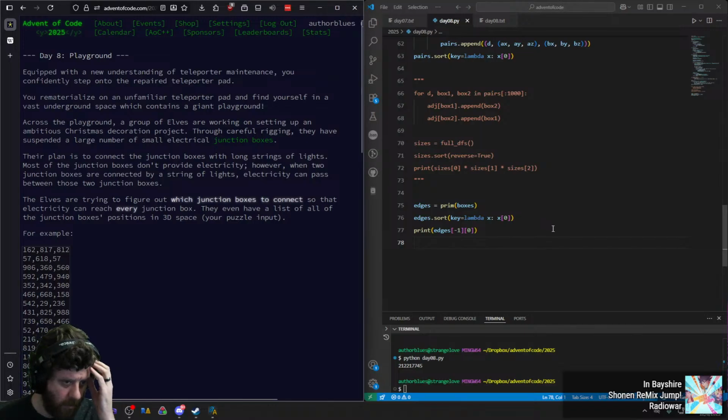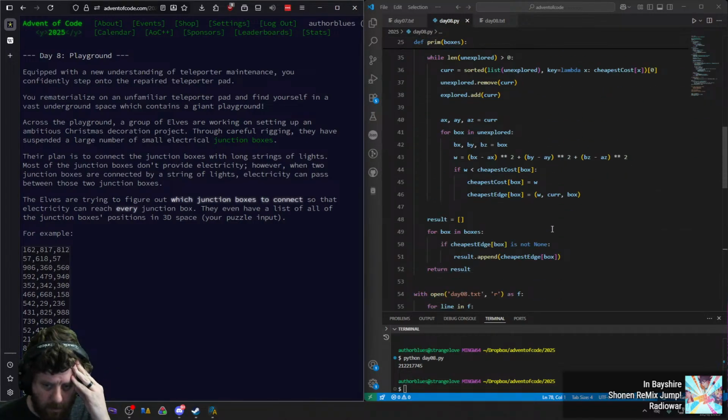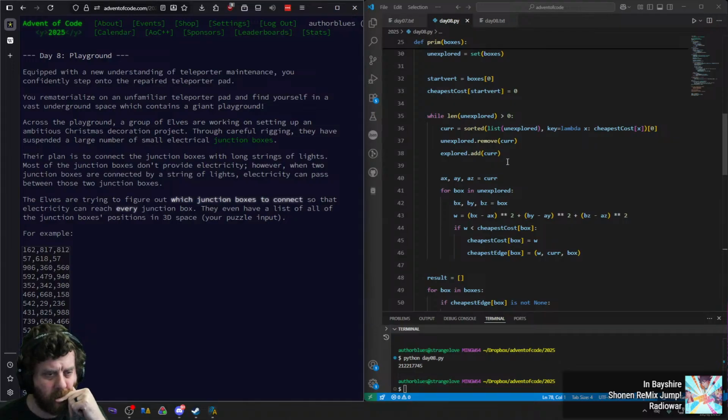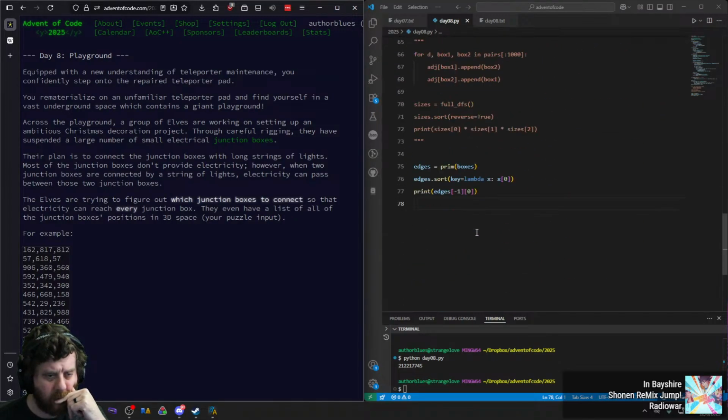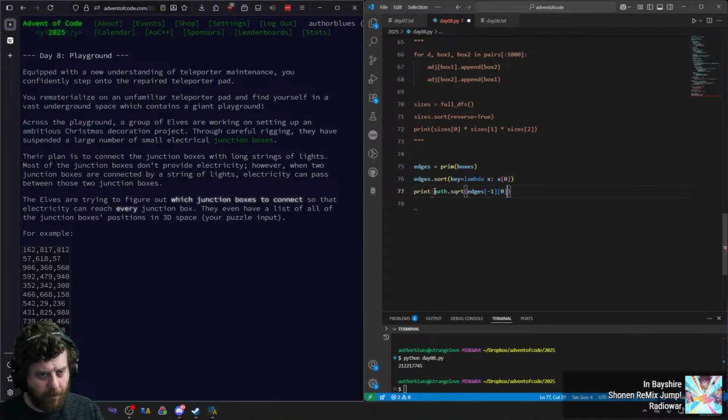Too low. Square root. Gotta finally take the square root. Oh, no, it's not just the weight of it. Sorry. It's not just the weight of it.